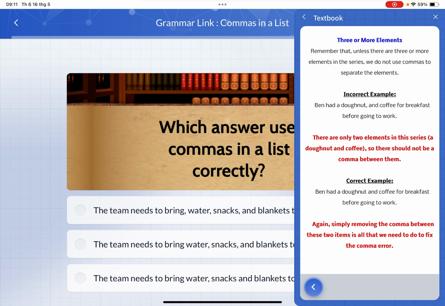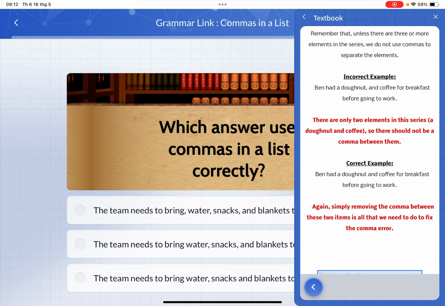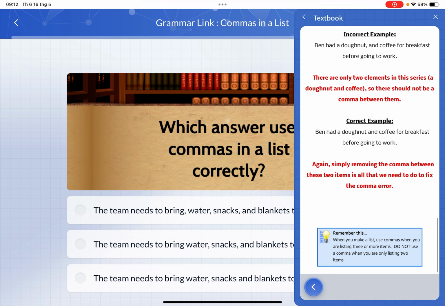There are only two elements in the series, a donut and coffee, so there should not be a comma between them. There should only be the word and there, nothing else. So we should write it again with no comma: Ben had a donut and coffee for breakfast before going to work. Again, simply removing the comma between the two items is all we need to do to fix the comma error.